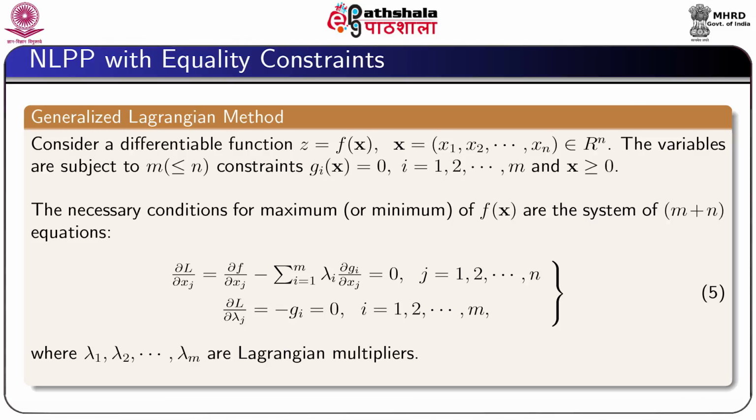Here lambda 1, lambda 2, up to lambda m are called Lagrangian multipliers.